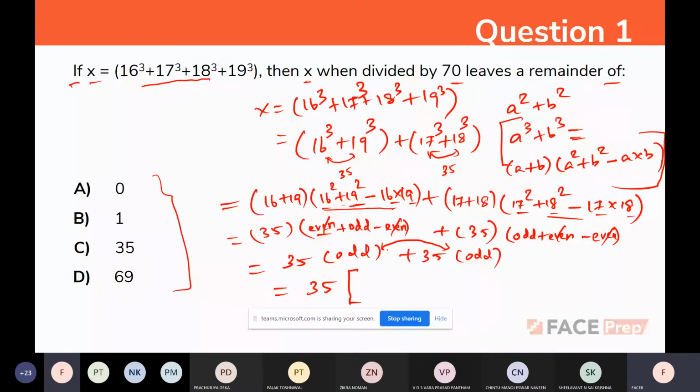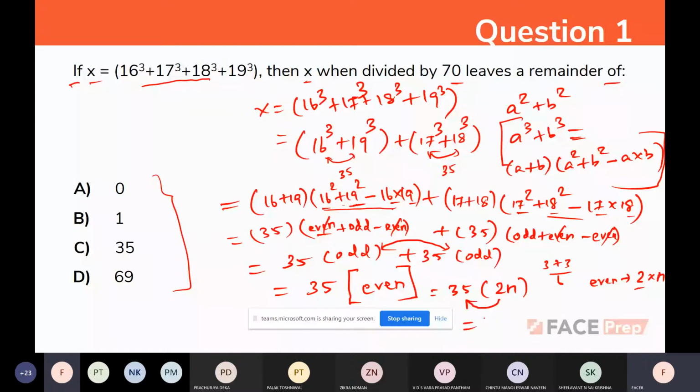How can we write an even number? An even number we can express as 2 into some number. An even number will always be a multiple of 2. So we can write it like this: 35 into 2 into some number. We can multiply 2 outside, which will be 70n.